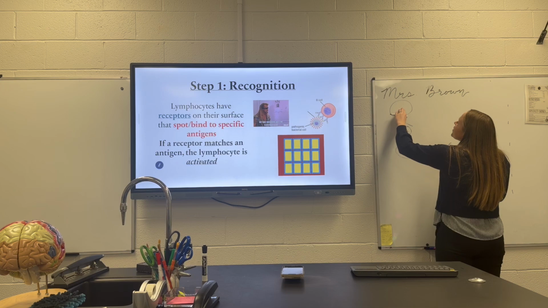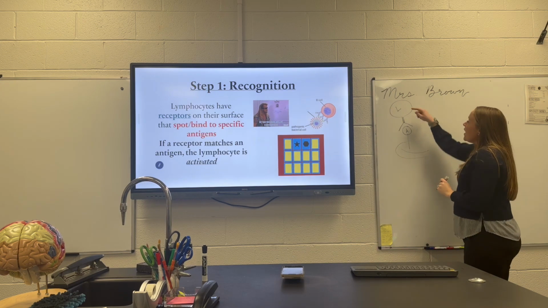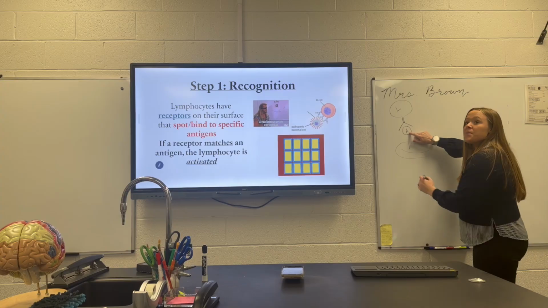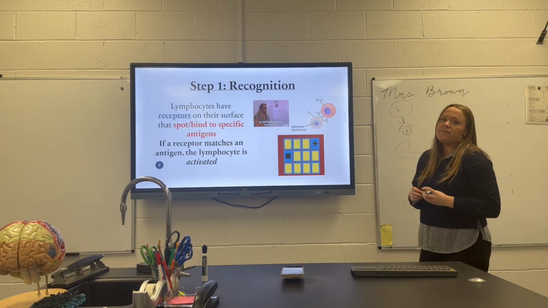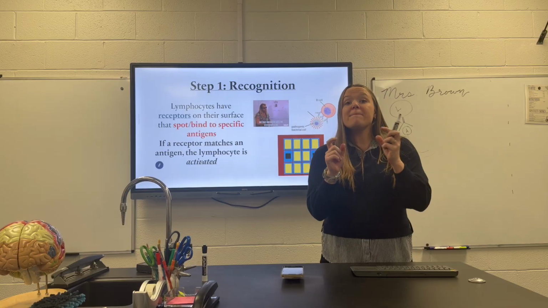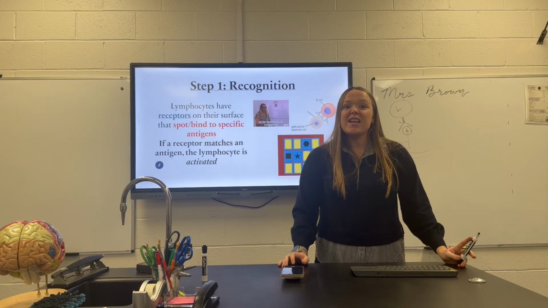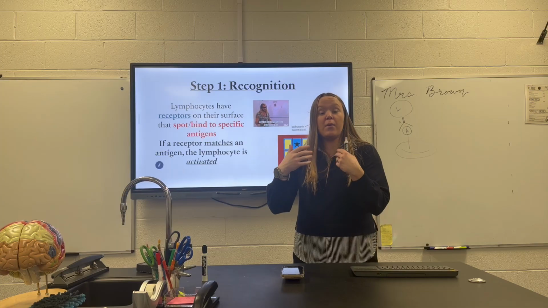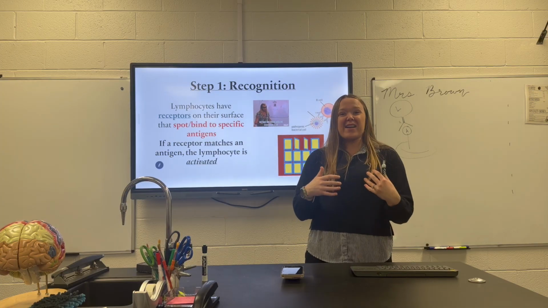Say if this was a lymphocyte, this cell has its own receptor that is specific to this antigen. So, if a receptor matches an antigen, so if a lymphocyte finally finds the pathogen that it's supposed to bind up to or match, then it will activate it.